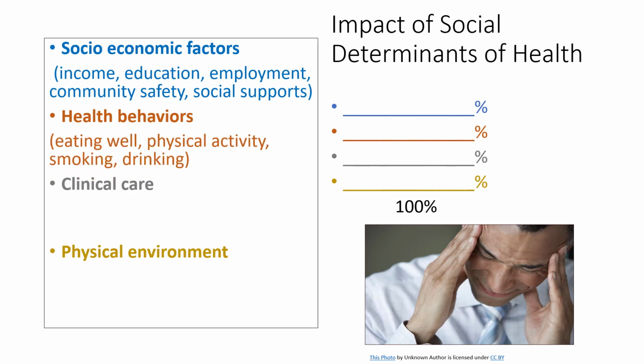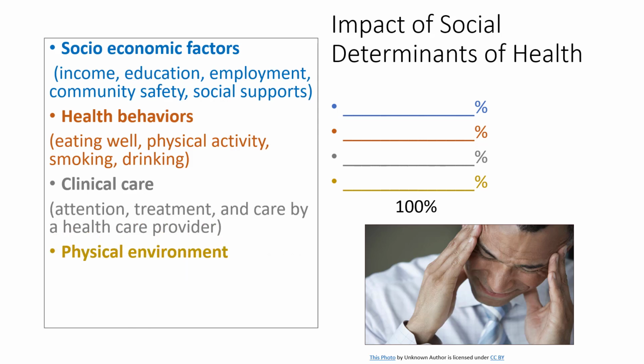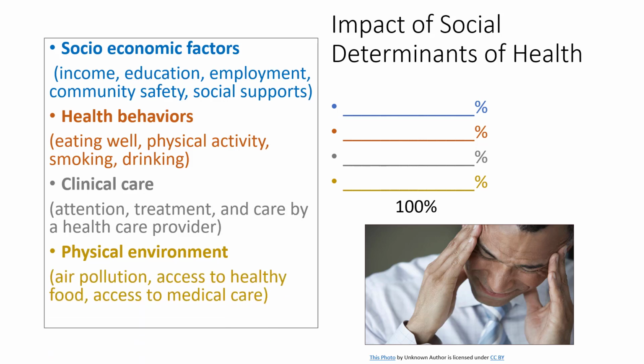Whether they eat healthy foods, they exercise, smoke, or drink? How much will the care they receive from their doctor affect their outcome? And how their physical environment will affect their outcome, so things like air pollution where they live and work, how easy or difficult it is to get to a place that sells healthy foods or to a medical facility.